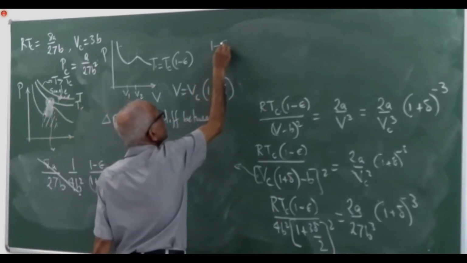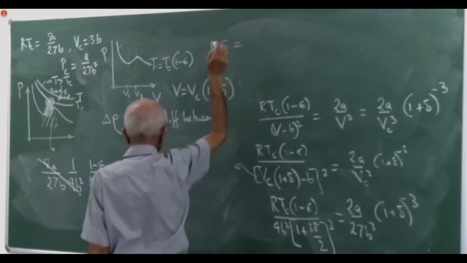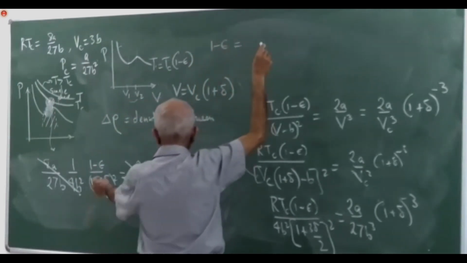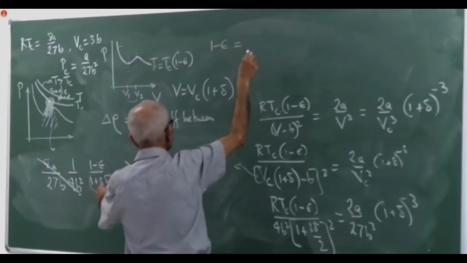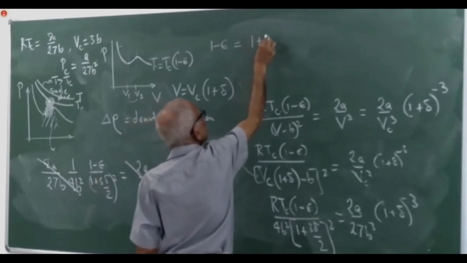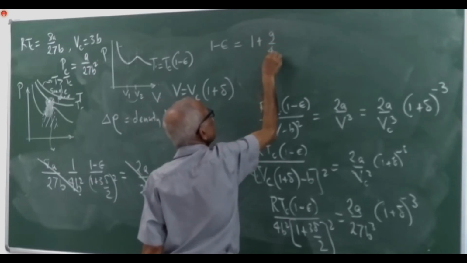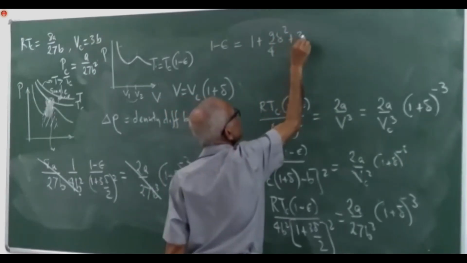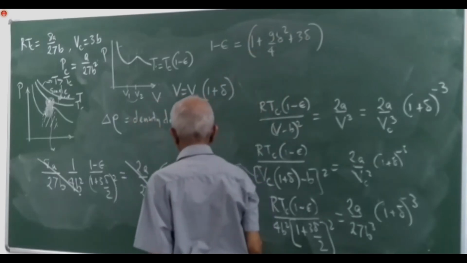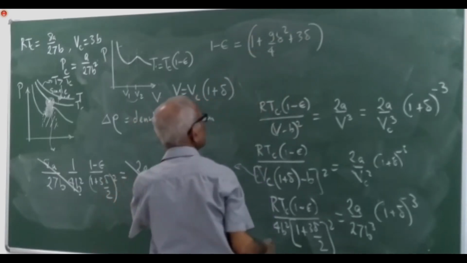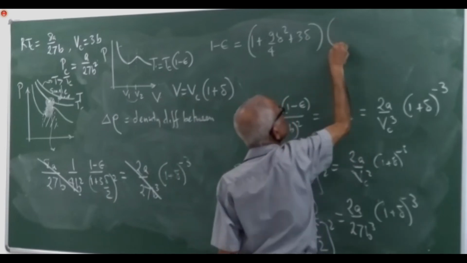So this cancels, that cancels, and now I have 1 minus epsilon. So 1 minus epsilon is equal to 1 plus 3 delta by 2 whole squared. So it is 1 plus 9 by 4 delta squared plus 3 delta, right? Into this, which has to be expanded.